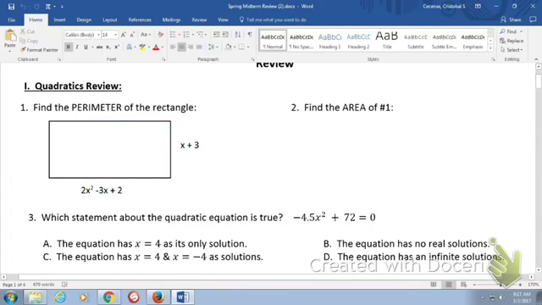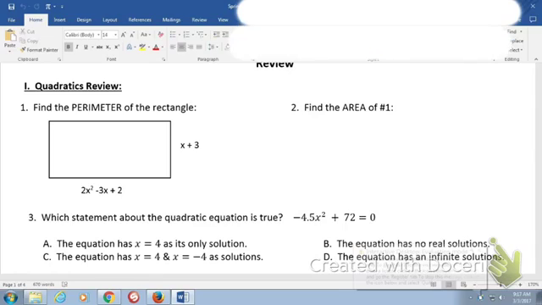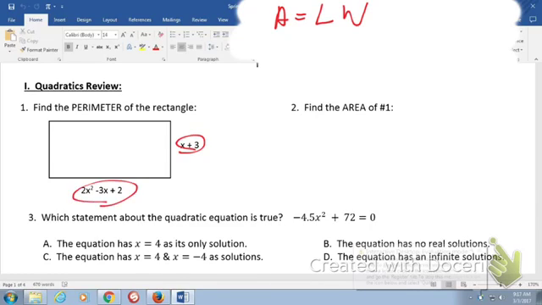For number two, it asks, hey, what is the area? Okay, the equation for area, let me get some space over here. So the equation for area is length times, so area is equal to length times width. In here we have a length and width of this and this, so we're basically gonna multiply them.